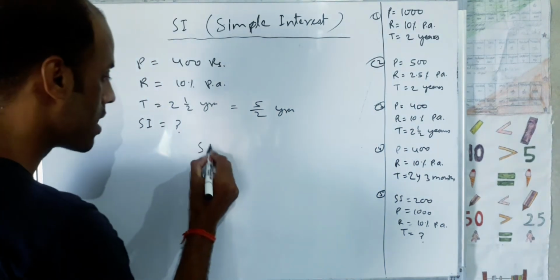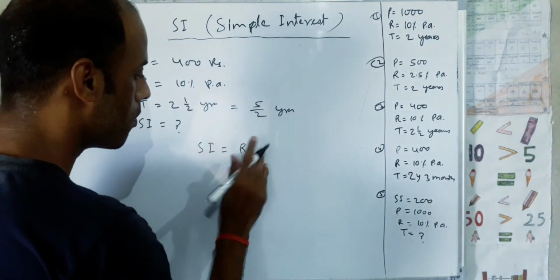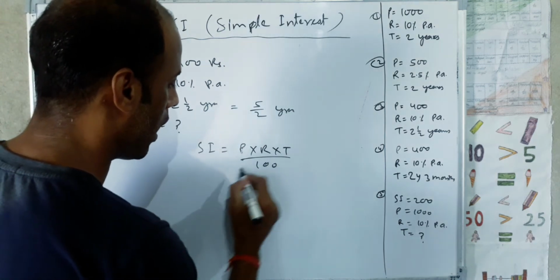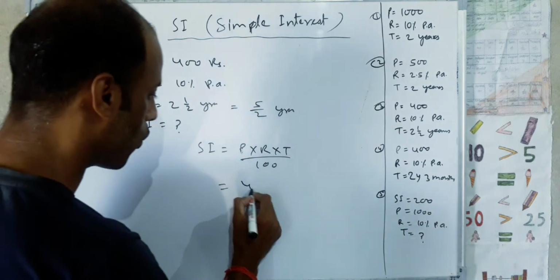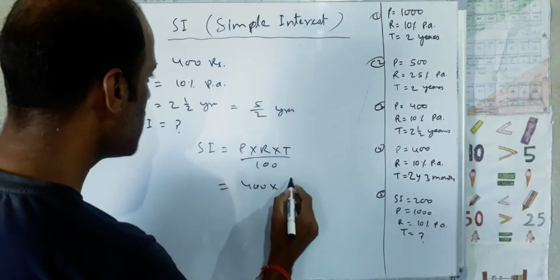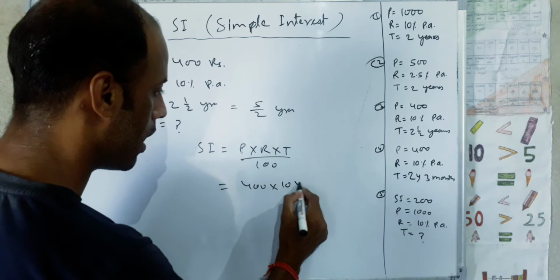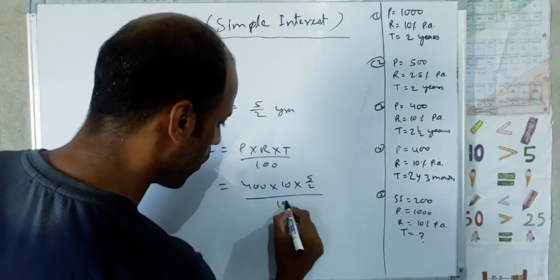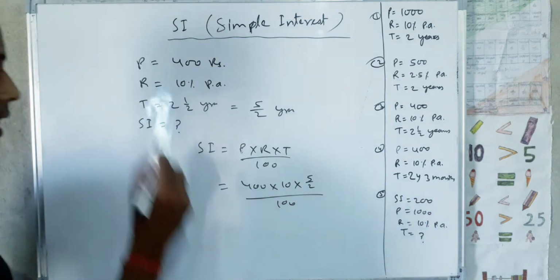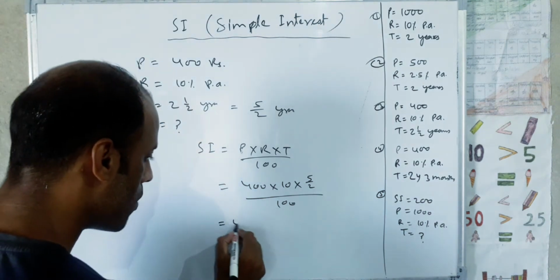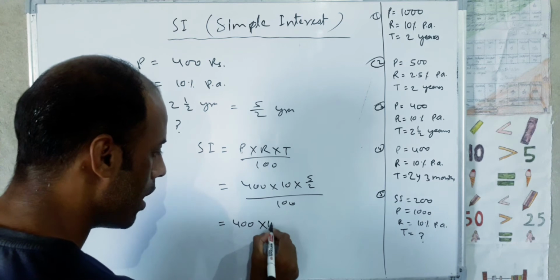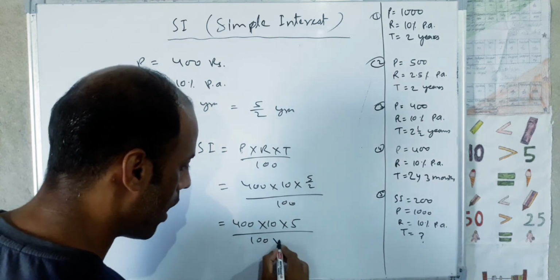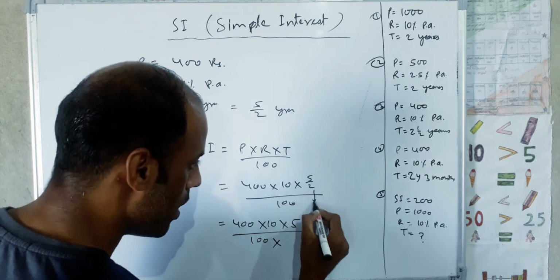Now here SI equal to P into R into T upon 100. P is 400 and R is 10. T is 5 upon 2, whole upon 100. Now look here. This will be 400 into 10 into 5 upon 100, and this 2 will be in the denominator.